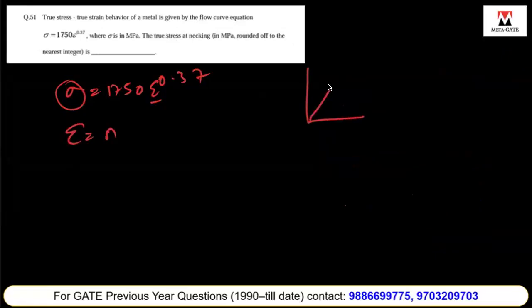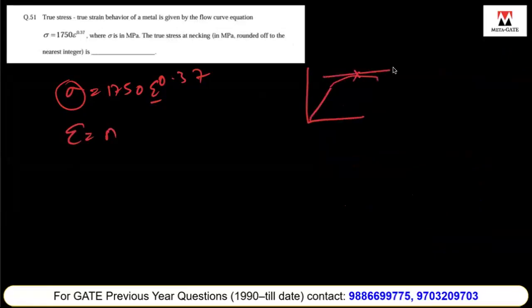The true stress-strain behavior of a metal is given by the flow curve, sigma equal to 1750 epsilon power 0.37. Here true stress and true strain are as given. The true stress at necking: at necking, the true strain is equal to the strain hardening exponent.